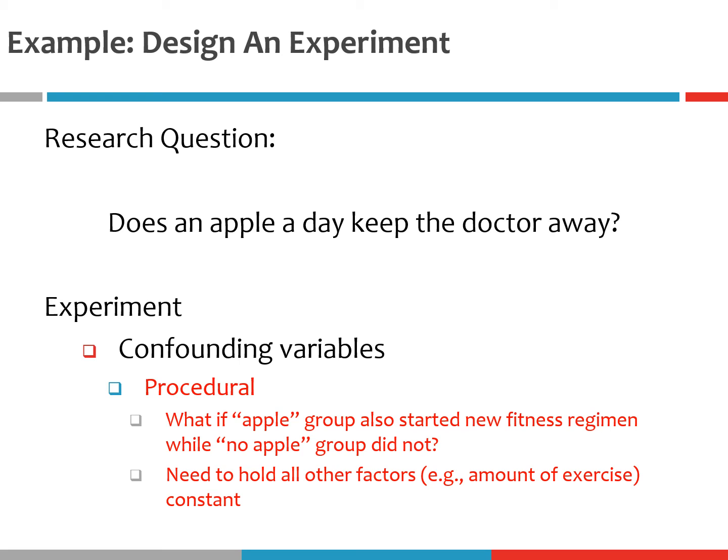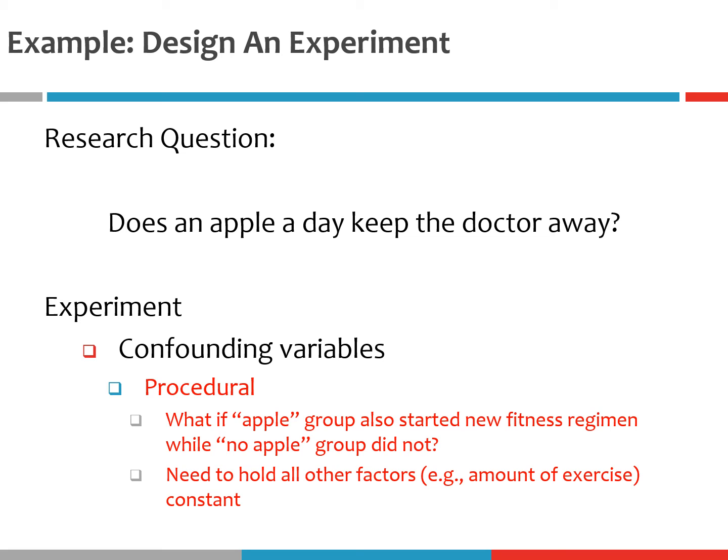So again, I'll give you an example. What if, in addition to the apple a day, the apple group participants start a new fitness regimen, right? So they start kickboxing or something in addition to their daily apple, while your control group does not, or the no apple group does not, right?